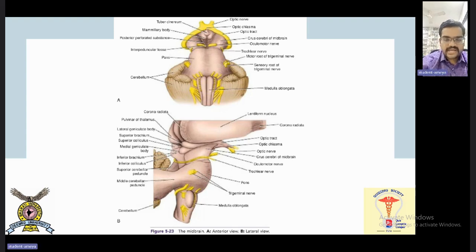Repeating the nerves again, the midbrain has the third and fourth nerves, the pons has the fifth, sixth, and seventh nerves, and the medulla has the 9th, 10th, 11th, and 12th cranial nerves. This is the only important applied anatomy that you need to know before diving into the concept of brainstem syndromes.